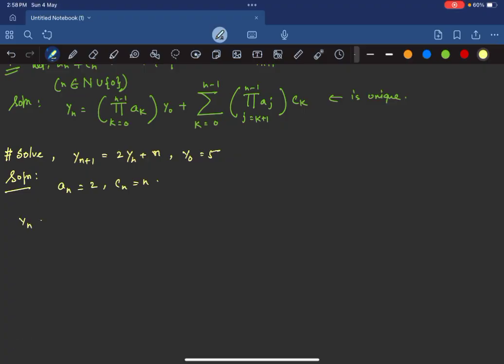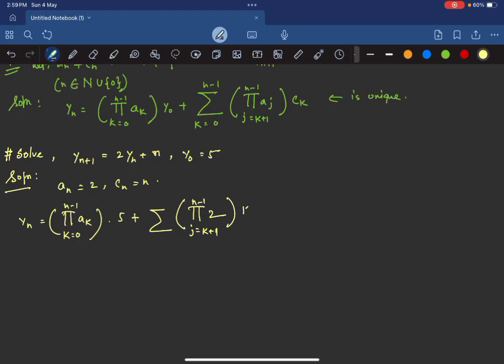So what we can have, yn equals the product of all the ak's, which are all 2, for k from 0 to n minus 1, into y0, whose value is 5, plus the summation of the product of all the aj's, that is 2, from j equals k plus 1 to n minus 1, times ck.